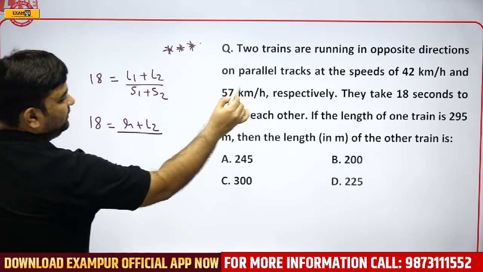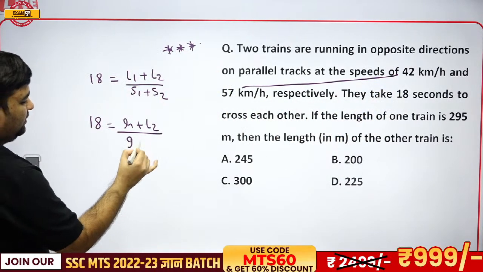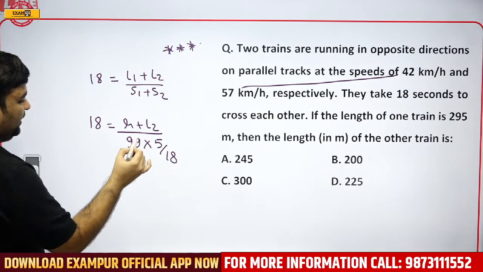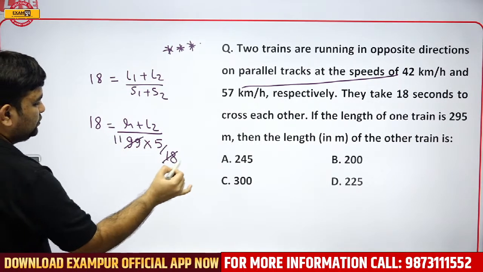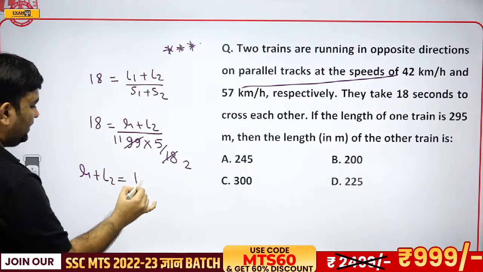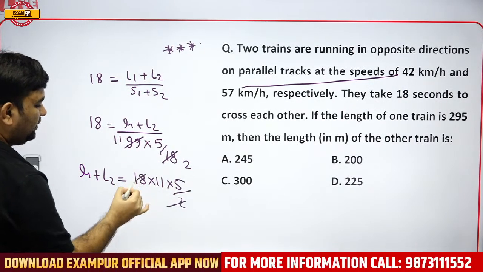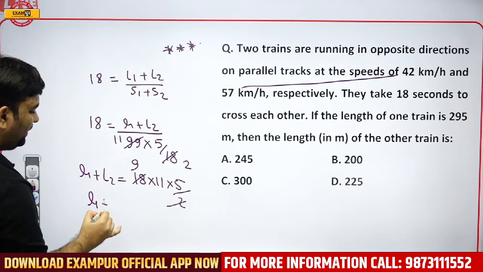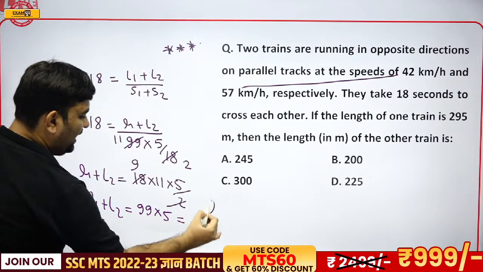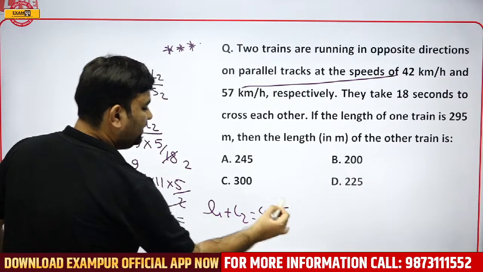What are their speeds? 57 plus 42, that is 99. Convert into meter per second: 99 into 5 by 18, which is 11 into 5 by 2. So L1 plus L2 is 18 into 11 into 5 by 2, that is 99 into 5. L1 plus L2 is 495.